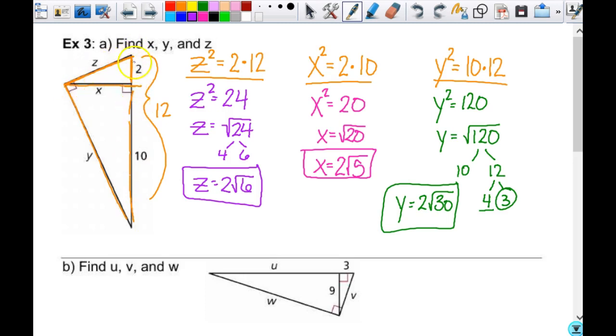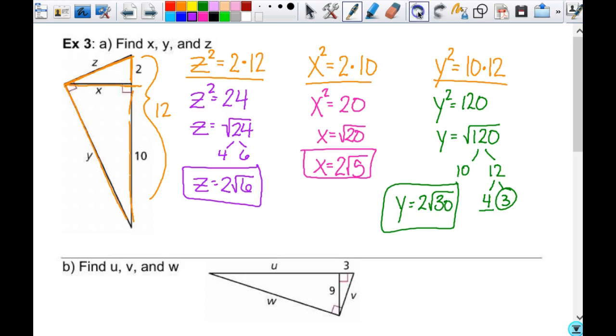So this leg touches the 2, that piece, and the entire hypotenuse, which is 12. Y is a leg. The piece of the hypotenuse it touches is the 10. And then the 12 is the whole thing. So these both use the entire hypotenuse, and they also both use a piece of it, whichever piece is touching it. Everybody okay with that? Anybody confused on that one?